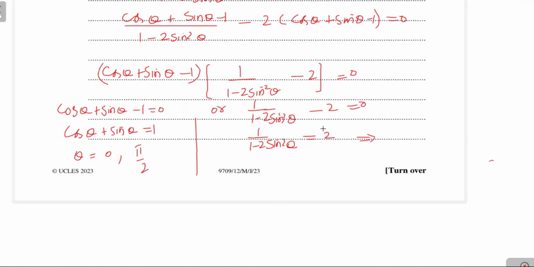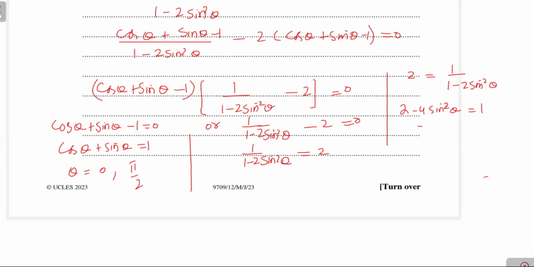Now we find this value 2 equal to 1 over 1 minus 2 sine square theta, and that will be equal to 2 minus 4 sine square theta equal to 1. Now we can write it as minus 4 sine square theta equal to 1 minus 2, and that will be equal to minus 1, and minus 4 sine square theta equal to minus 1, minus will be cancelled.